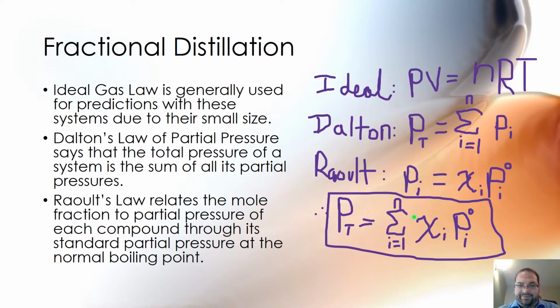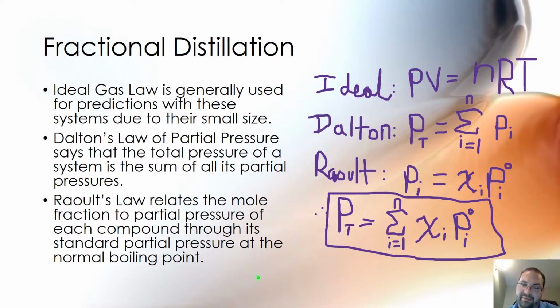And you can substitute Raoult into Dalton, and you get this simplified expression: total pressure is equal to the sum of the product x sub i times the pure vapor pressure at the particular selected temperature.